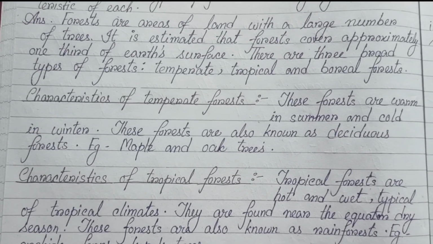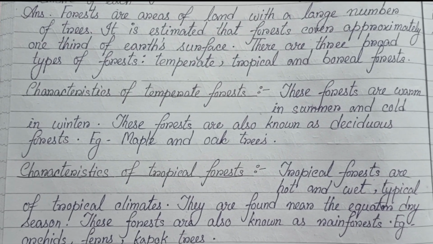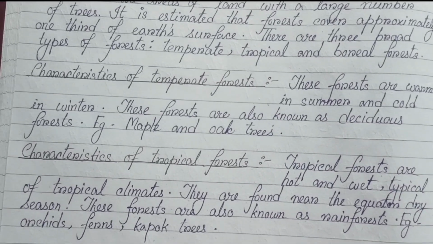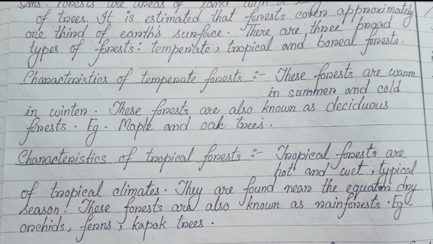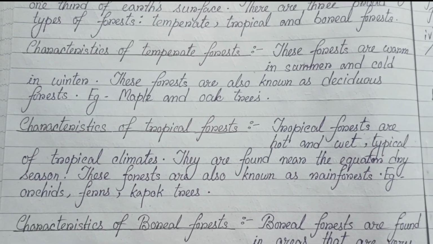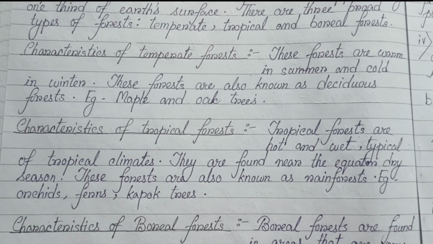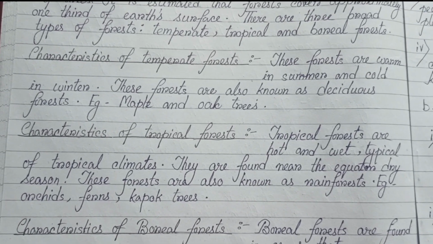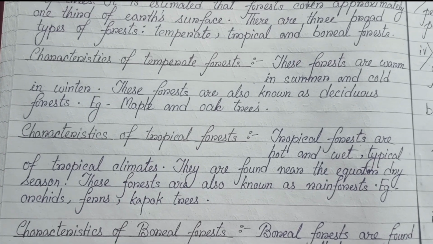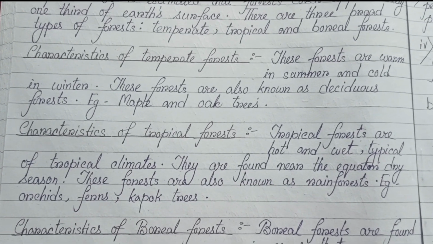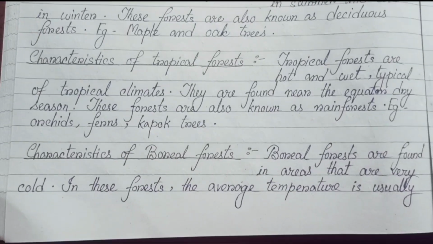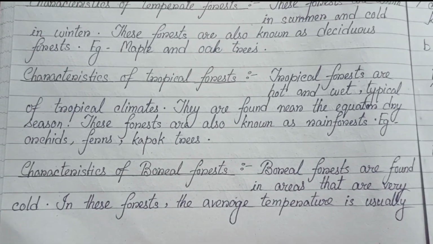Characteristics of temperate forest. These forests are warm in summer and cold in winter. These forests are also known as deciduous forest, example maple and oak trees. Characteristics of tropical forest. Tropical forests are hot and wet, typical of tropical climates. They are found near the equator. These forests are also known as rainforest, example orchids, ferns, kapok trees.